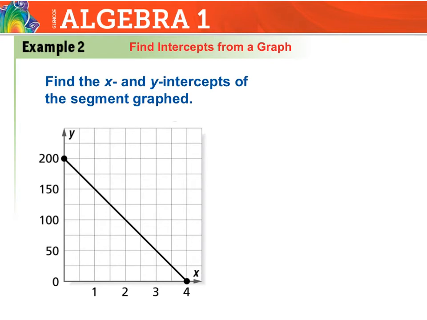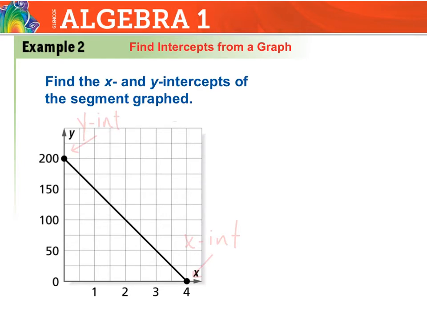All right. So x and y intercepts. Here's my y-intercept right here. X-intercept down here. Again, where are they crossing this graph? We read these graphs a lot like we read a book. We read from left to right.